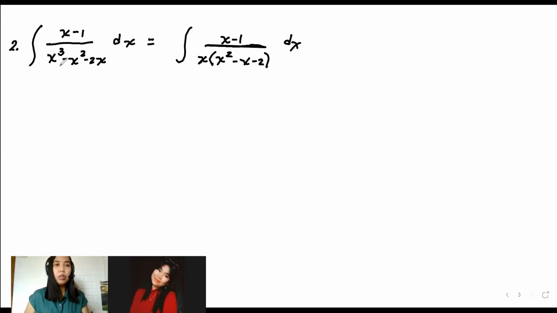The common factor of x cubed minus x squared minus 2x is x. X times x squared is x cubed. X times negative x squared. X times negative 2 is negative 2x.